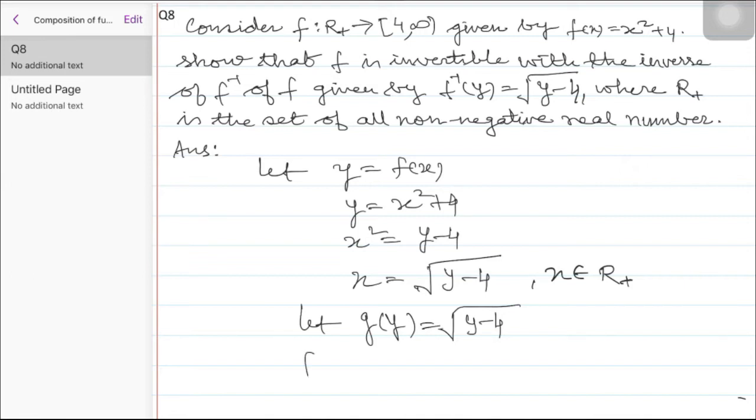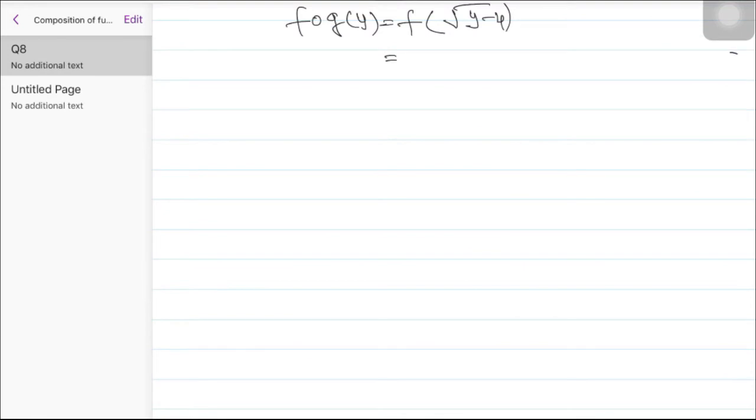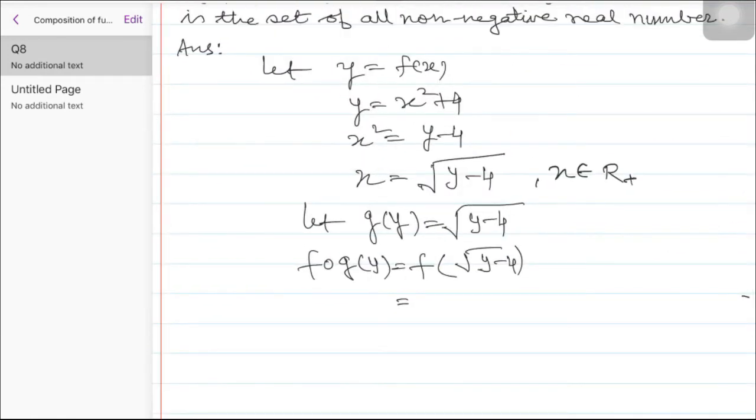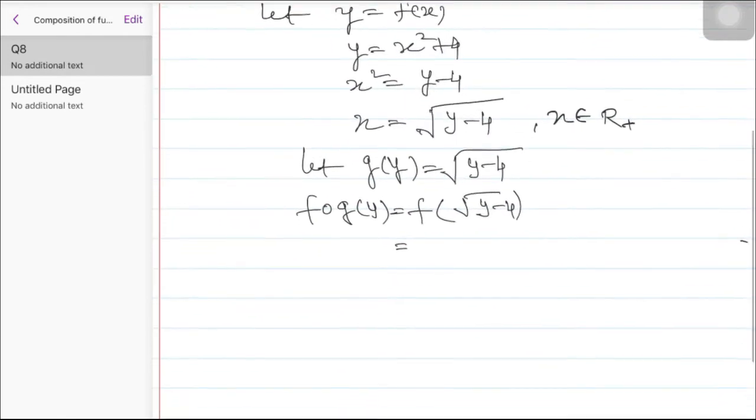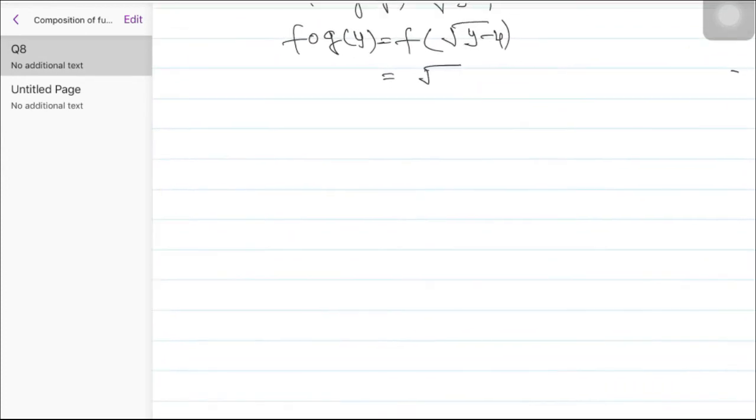Now let us find fog of y. It will be f of gy, f of square root of y minus 4. The definition of fx is x square plus 4. In place of x, it will be square root of y minus 4 whole square plus 4.